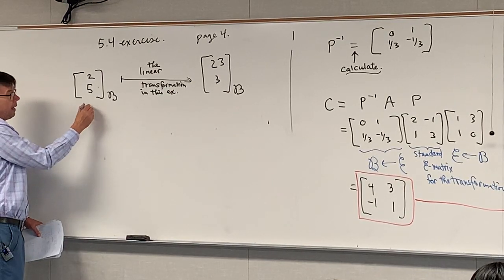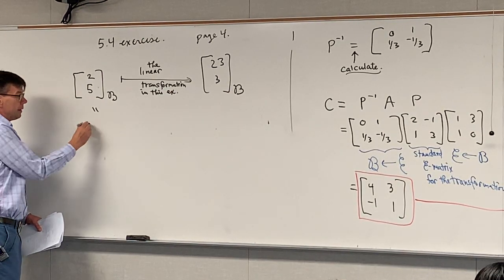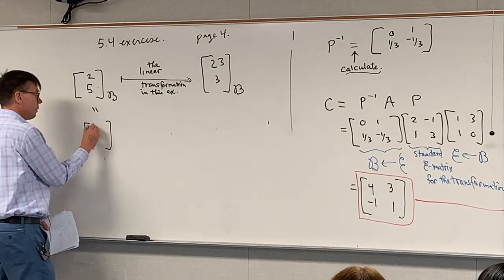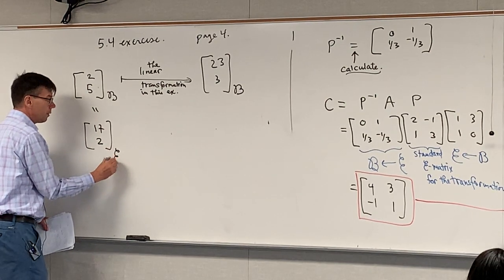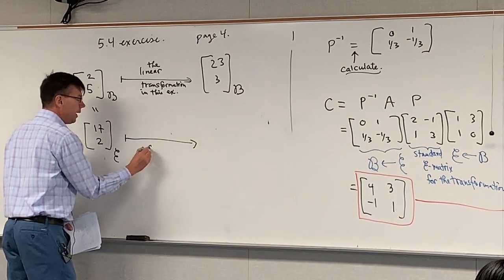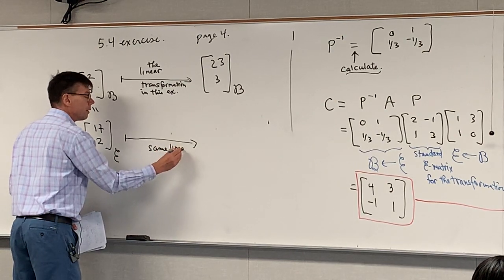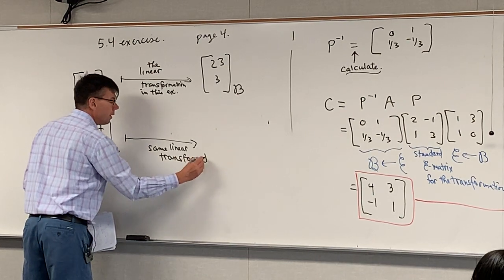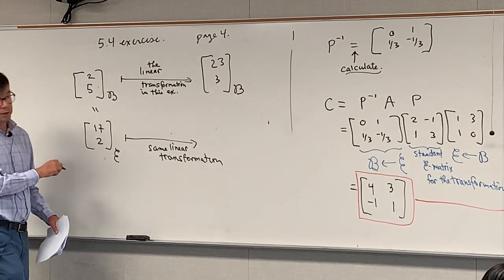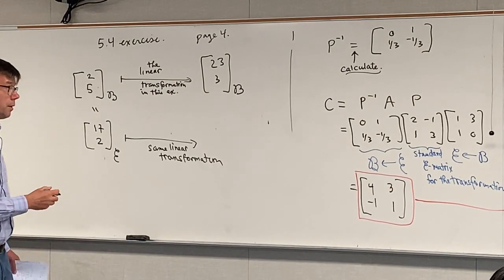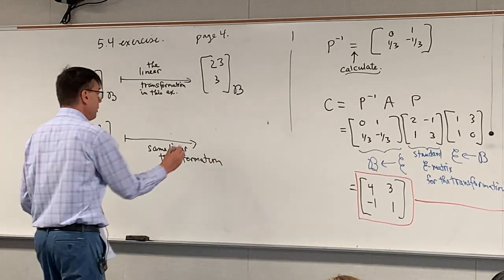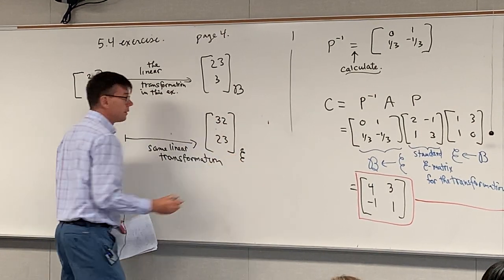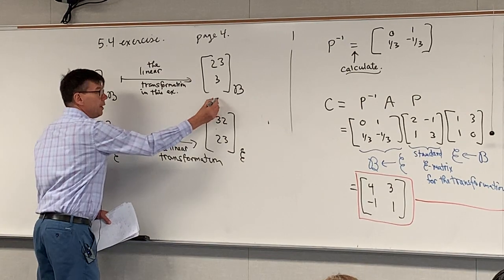Now this vector has standard basis coordinates 17, 2. The same linear transformation is going to assign this 17, 2 vector to 32, 23 in E coordinates, which are the E coordinates of that vector.